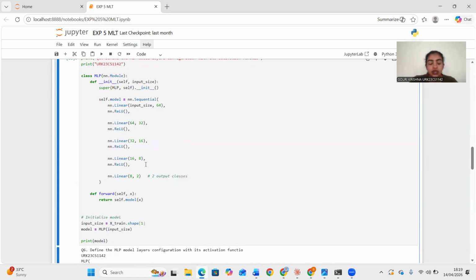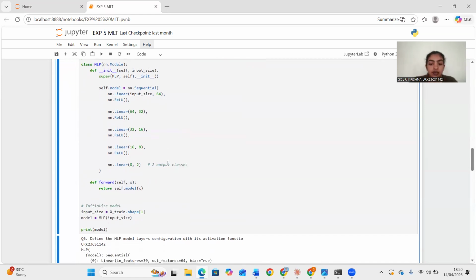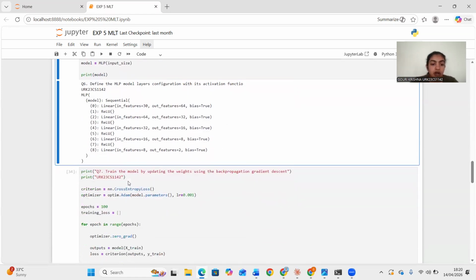The ReLU activation is used between the layers to introduce non-linearity, which helps the model to learn the complex patterns. So this is the output we got.